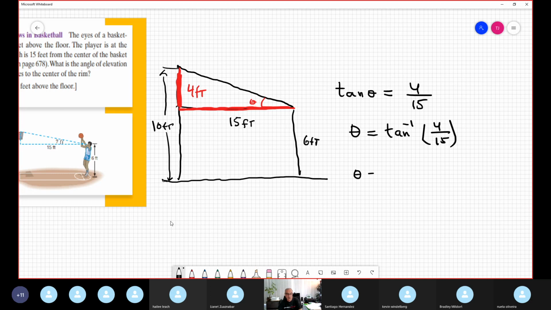Calculator now, please. Everyone, calculator now. 14.9. 14 point what? So what's the unit of this? What is that? Apple? Degree. Degree, because it is the angle of elevation. Very, very well. 14.9 degrees is the answer.